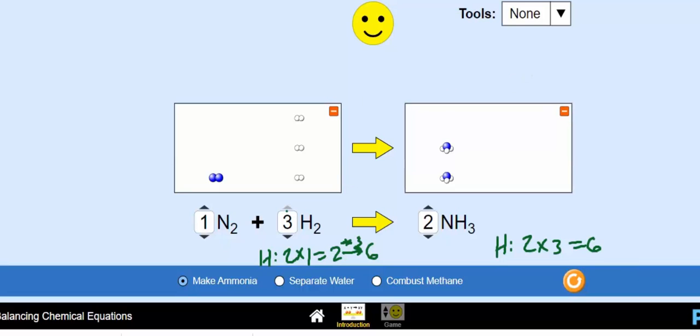Let me show you a different way also. Sometimes it might be handy with some complicated equations, okay? So let me go back to the water. Let me use the same water example here. We can solve it using a different method, and it's up to you which method you use.